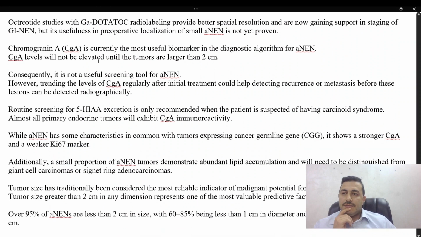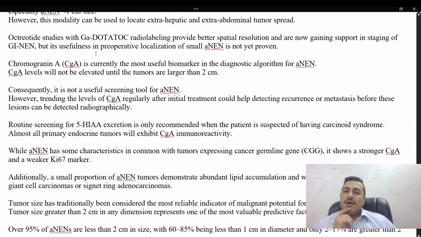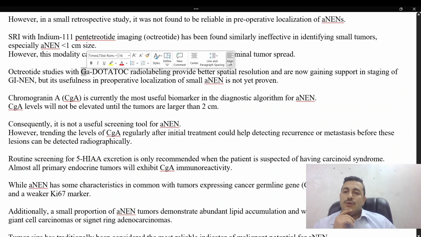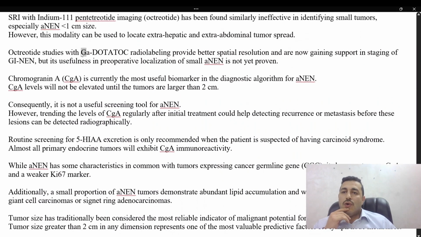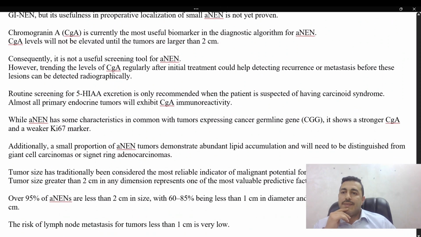Okay. Well, here I didn't want to disturb you, but gallium DOTA-TOC is another modality. We use it now to replace the octreotide scan. It has higher sensitivity, called gallium or Ga-DOTA-TOC scan.